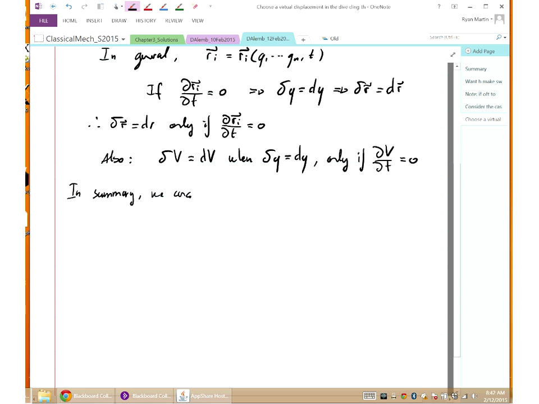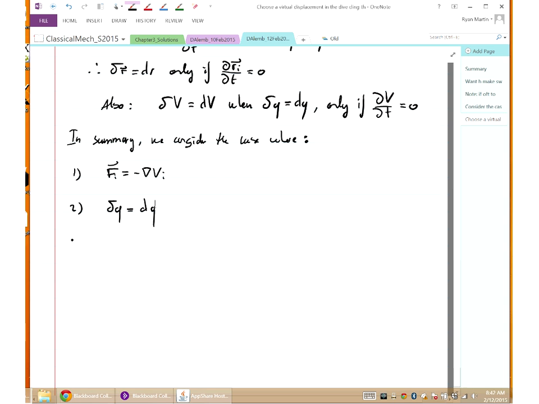So, in summary, we consider the case where the forces are given by a potential. We choose the case where the delta Q are equal to the dQ.